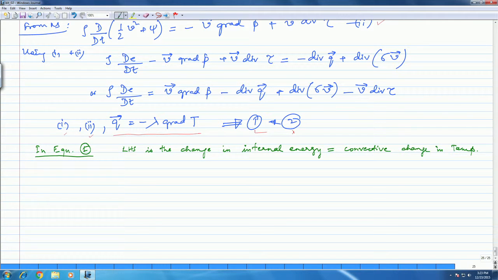It is possible to evaluate the above in terms of conduction and dissipation.